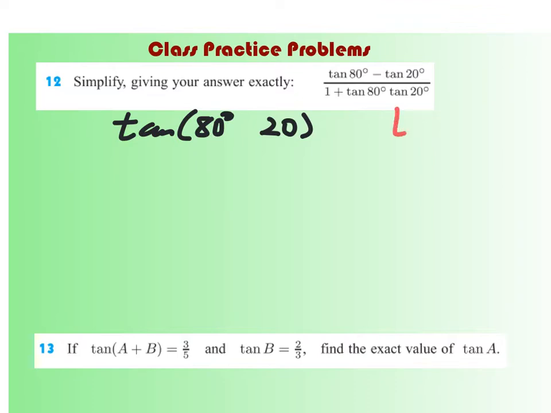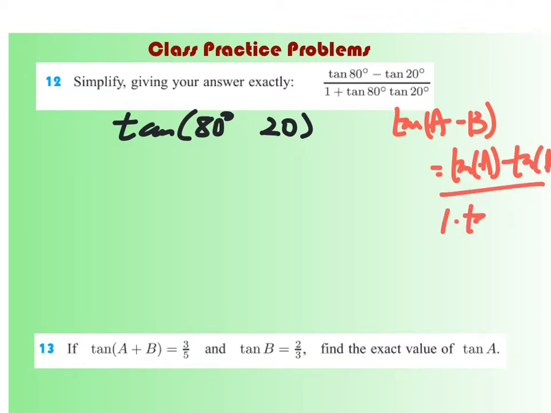So consult tangent of A minus B, which equals tan A minus tan B over 1 plus tan A tan B. Okay, you get the picture, right? Or 1 minus, I'm sorry, 1 plus. So identifying this minus and this plus will tell us what we want in between here, which is minus.